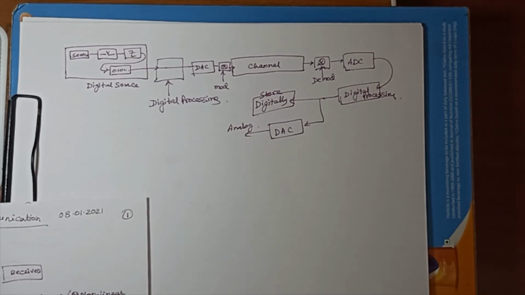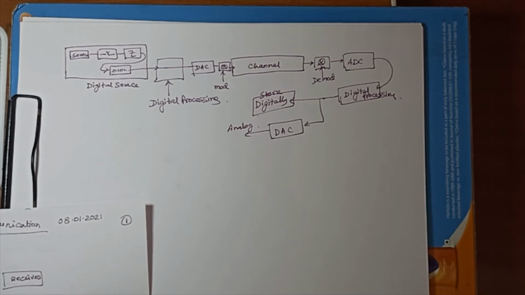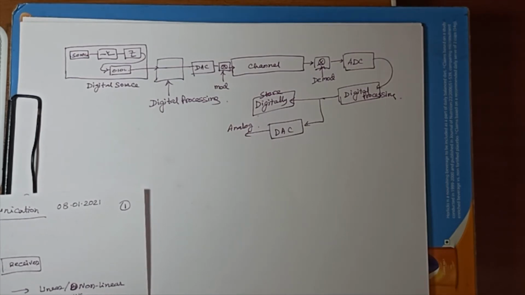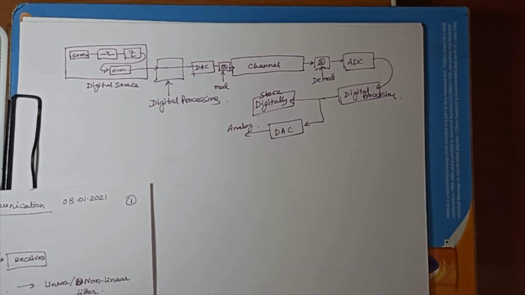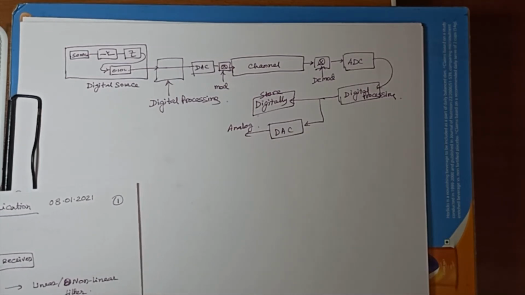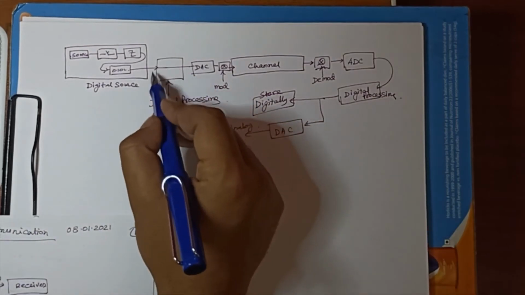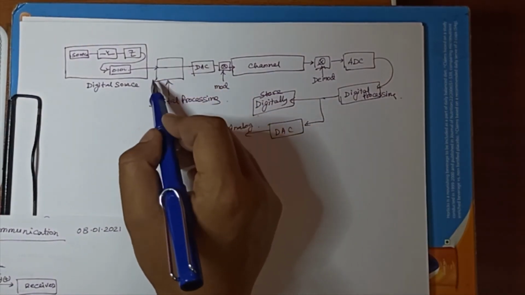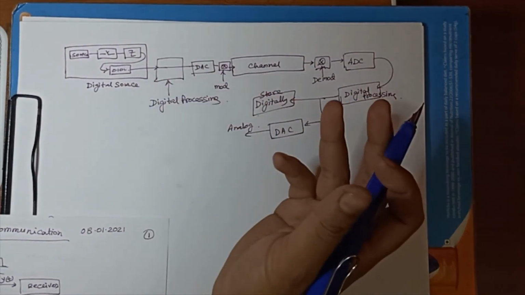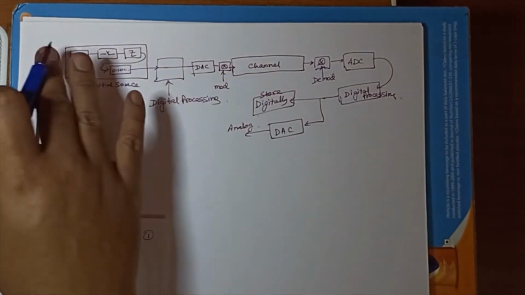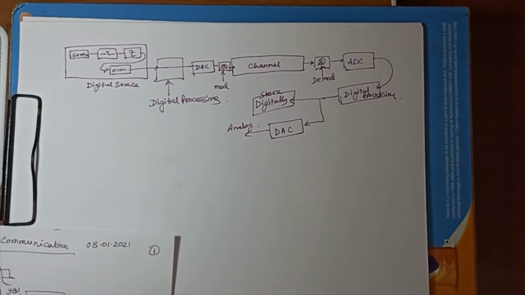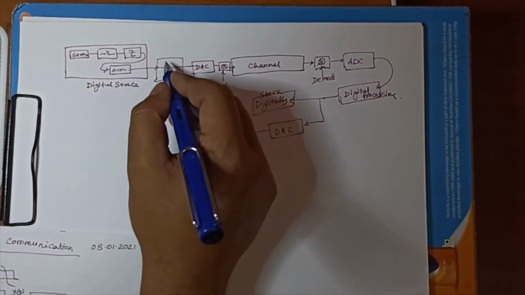So you can see in the digital communication flowchart, you have this digital to analog, analog to digital conversion a couple of times. Twice analog to digital, twice digital to analog. So what exactly are we gaining? We are gaining the computation, because we don't want to do the computation in the analog domain, which is not that trustworthy for most commercial applications, and analog devices are expensive while digital devices are very cheap.